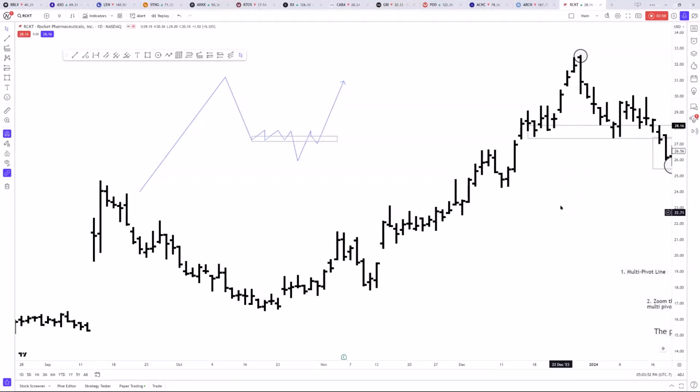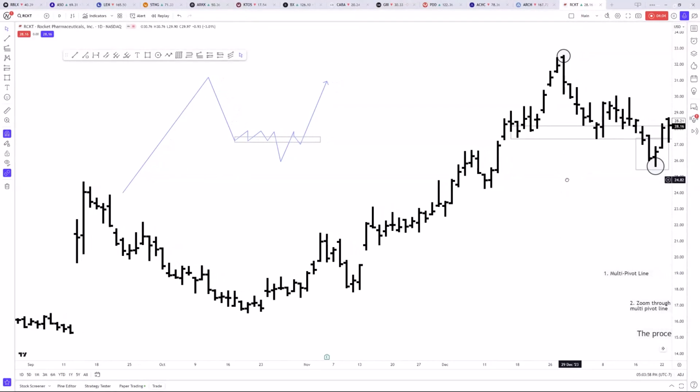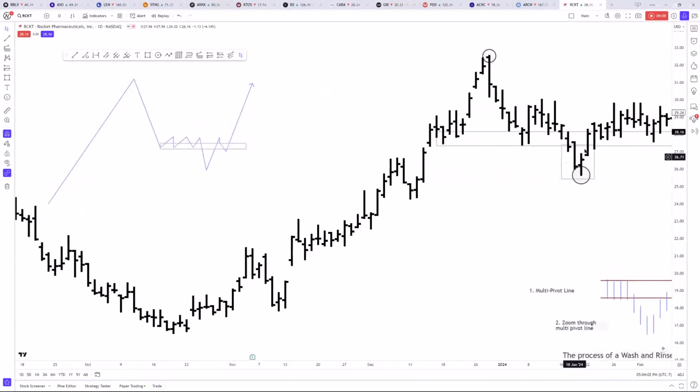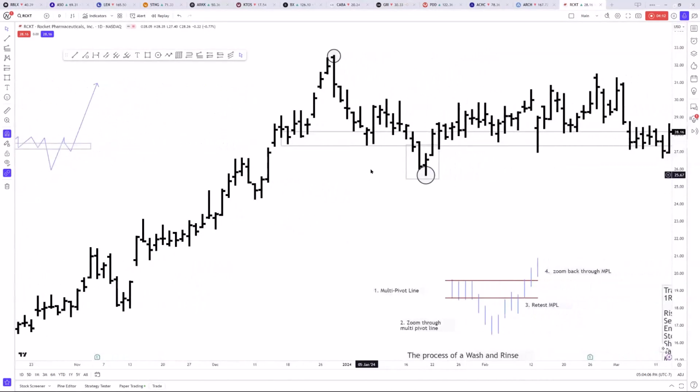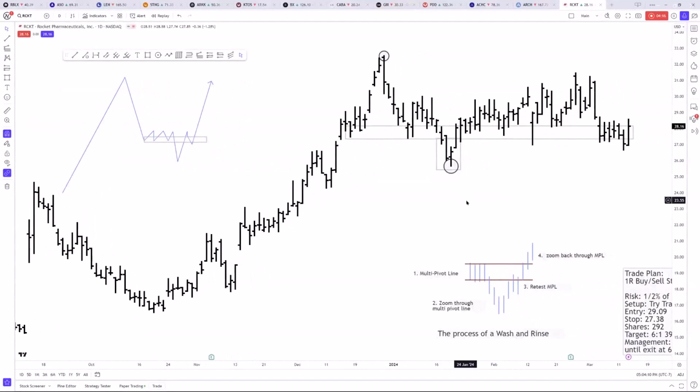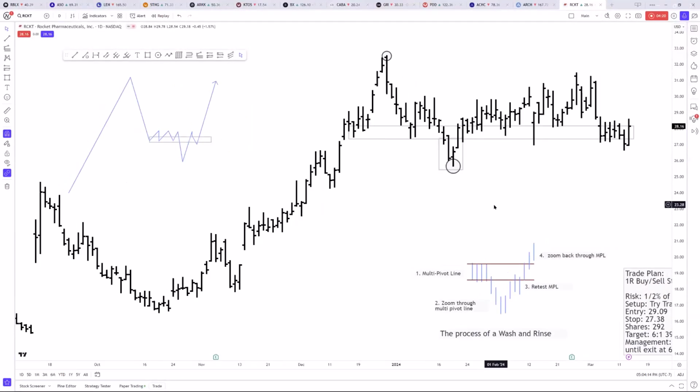Cleaning the orders up and down the ladder, if you've ever seen this on a level 2. And then it comes back up and whoosh, and pretty soon it cleans everybody out, right? It washes and rinses them before heading back up. Now, that's just the process. It has a process that we can follow and learn to see in any chart.